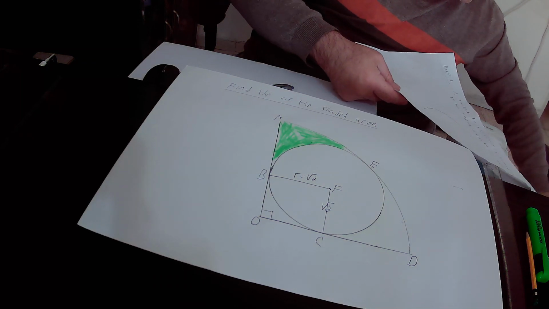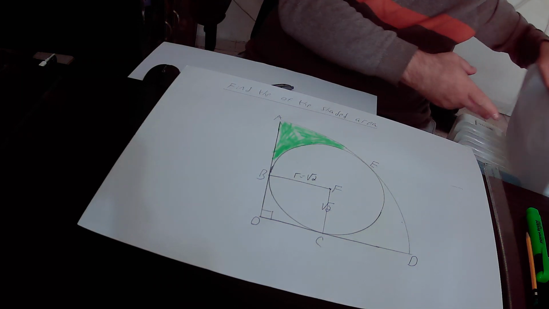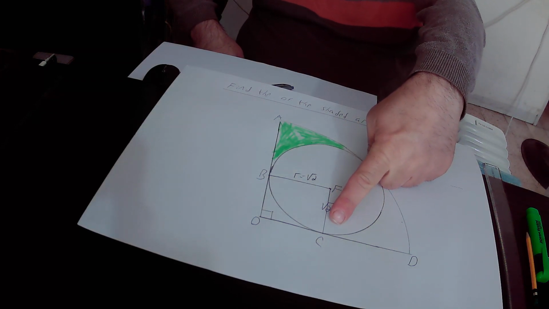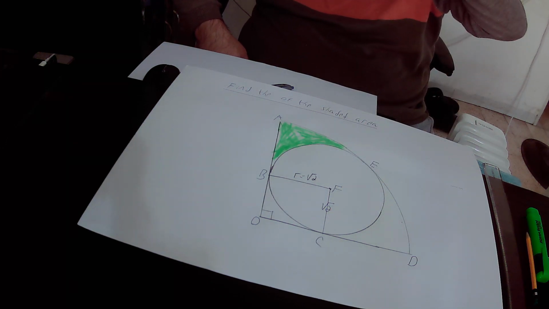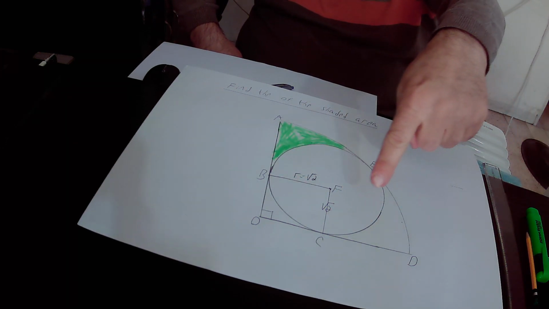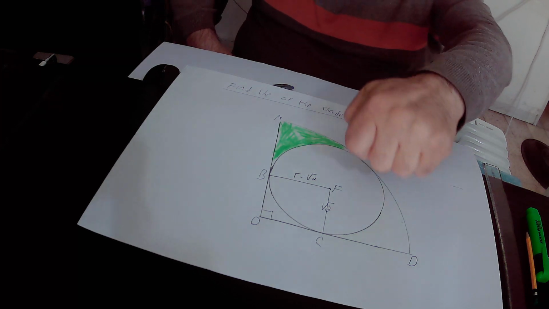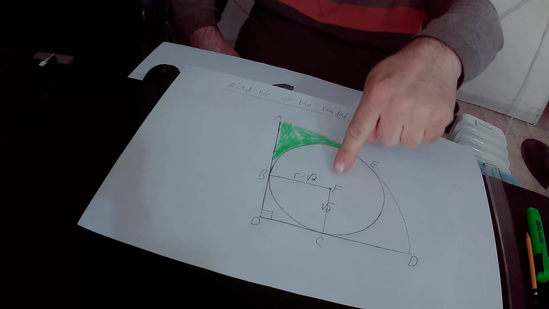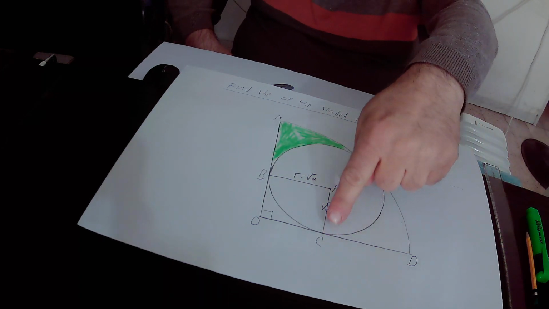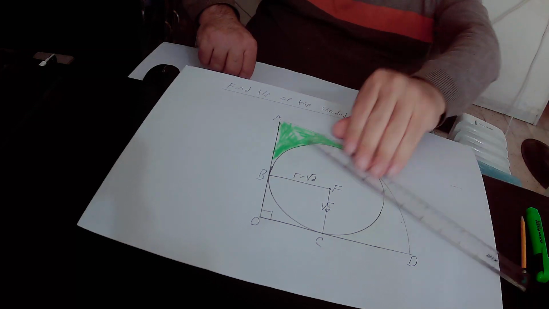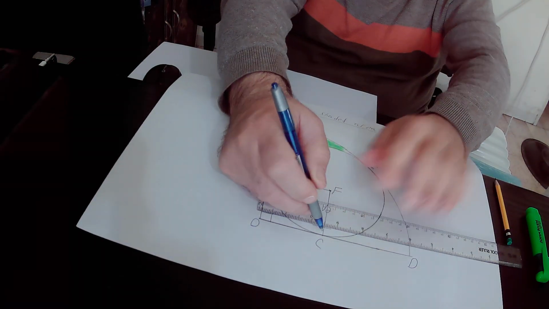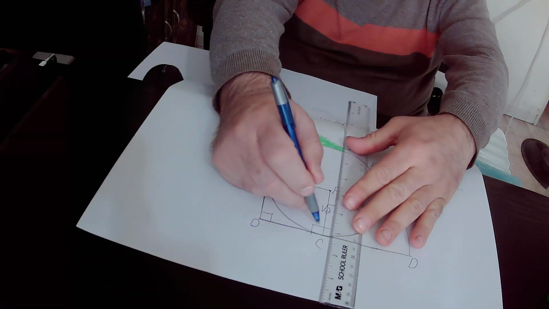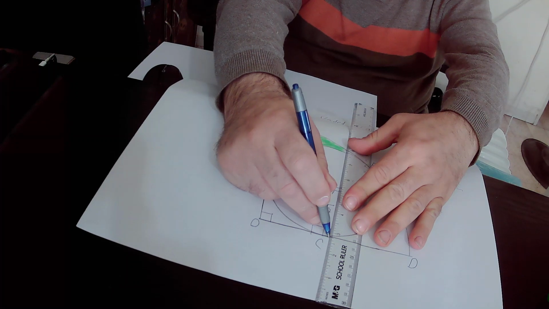Why? Because in our drawing we have the radius FC drawn to point C, that is the point of tangency of tangent OD with this circle. Whenever you have a radius drawn to the point of tangency, then tangent OD will be perpendicular to the radius CF. If OD is perpendicular to CF, it means that this angle equals 90 degrees, and this angle also equals 90 degrees according to rule 1, of course.